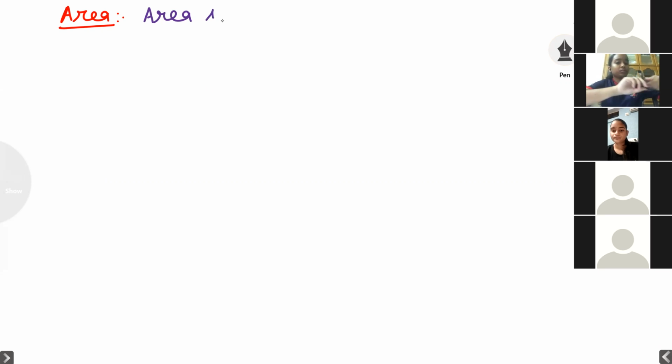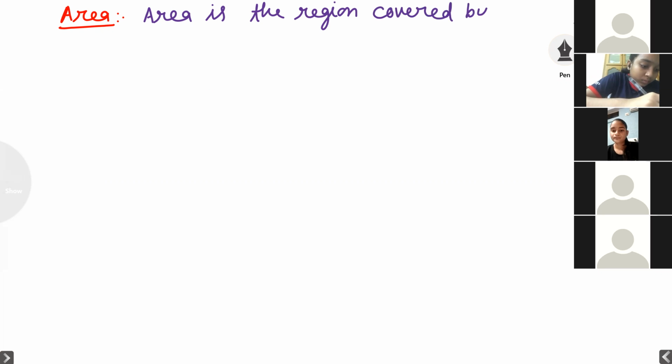Area is the region covered by closed plane figure.